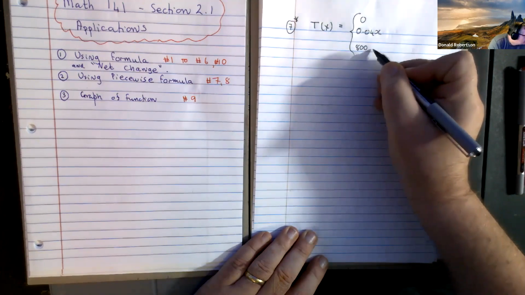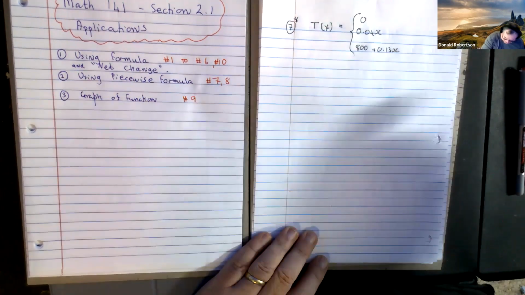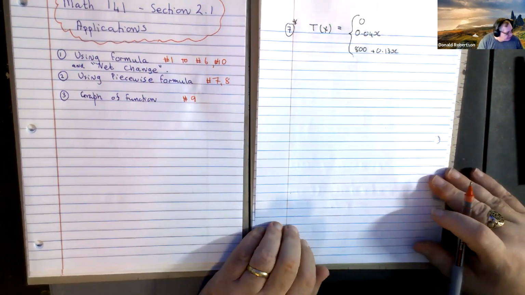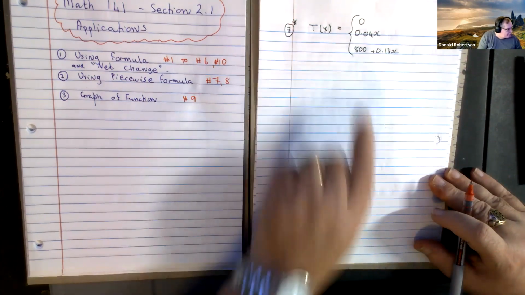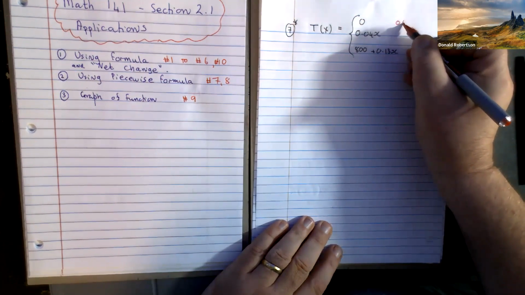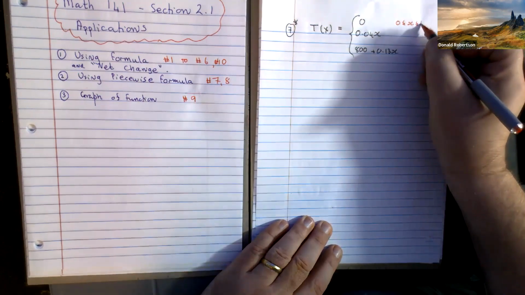So here is a rather messy piecewise function. And in a certain country, income tax, how much you pay, is assessed according to the following formula. 0 income tax if you make between 0 and $10,000.